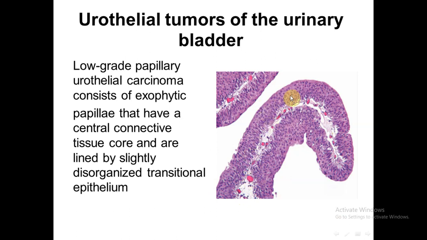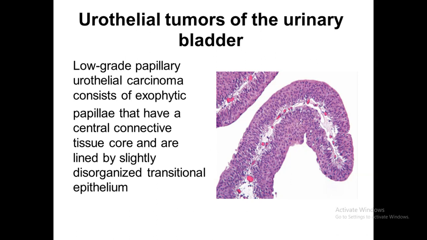The cells that line this papilla are slightly disorganized, and the features of malignancy are present, but not very prominent. There is pleomorphism, there is a high N/C ratio, and there is an increased number of layers of the cells, but not extremely aggressive features.